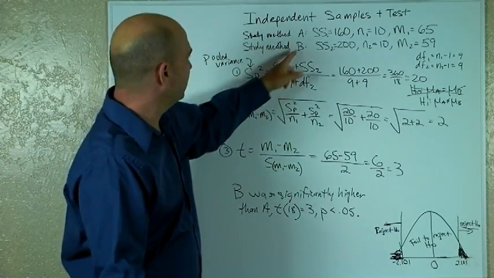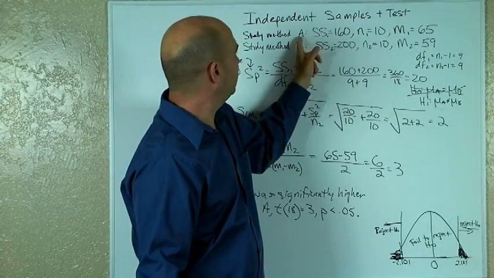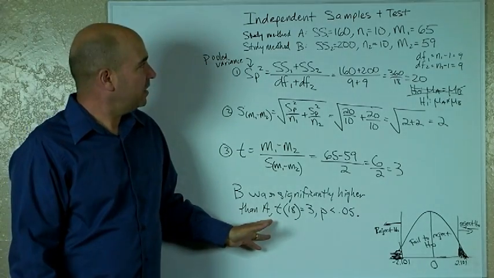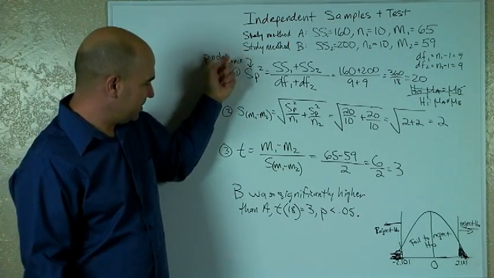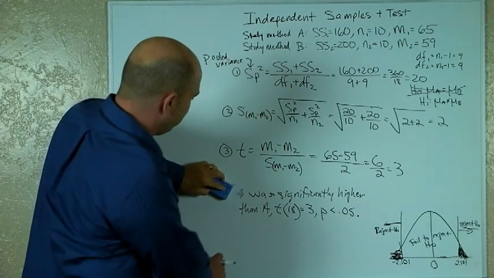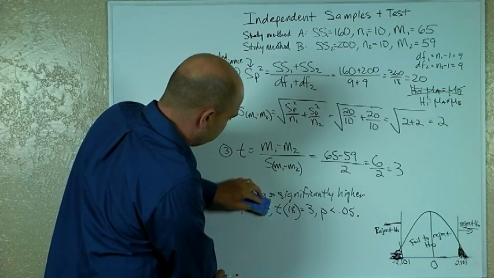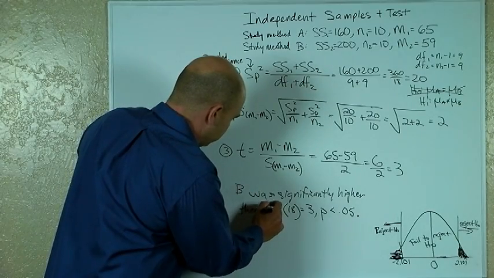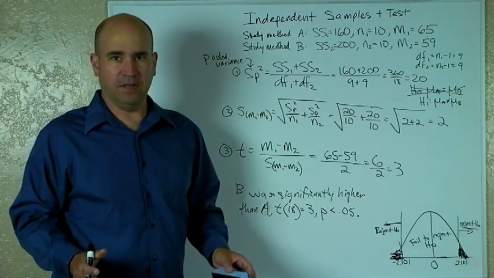Let's take a look. B, 59, A, 65. It should be that study method A is significantly higher than study method B. So I'm going to go ahead and correct that. Okay, and that's it. Everything else holds.